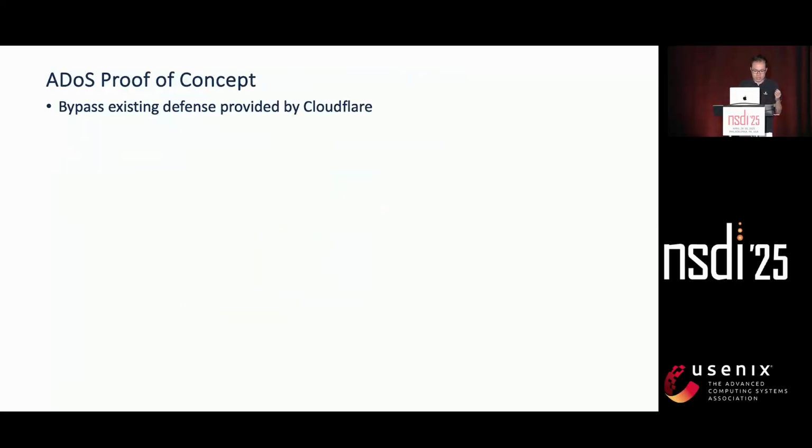Here we show a real-world example of ADoS attacks, in which we successfully bypass the existing defense provided by Cloudflare. In this experiment, we set up a four-core web server and used Cloudflare as our CDN, enabling its DoS mechanism, firewall, rate limit, and bot detection mechanism.